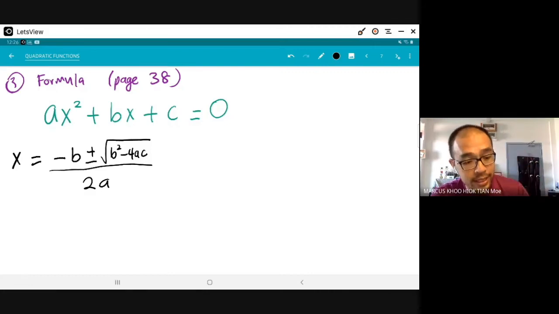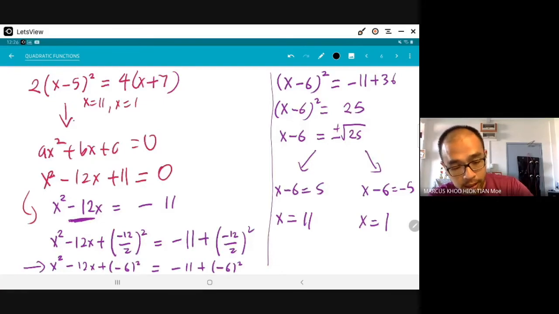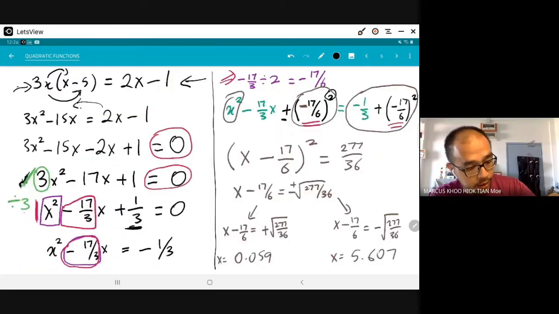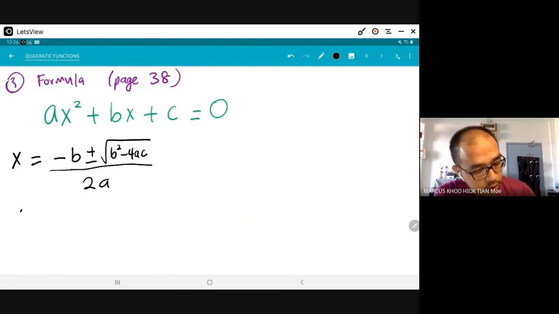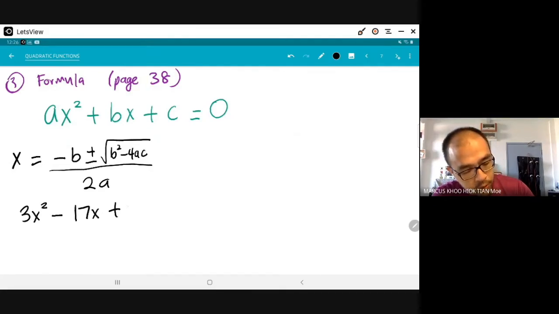Okay, so let's take the easiest example lah, yang kita pakai tadi. 3x squared minus 17x plus 1 equals 0. First of all, let's identify the a, b, and c. a is 3, kan?